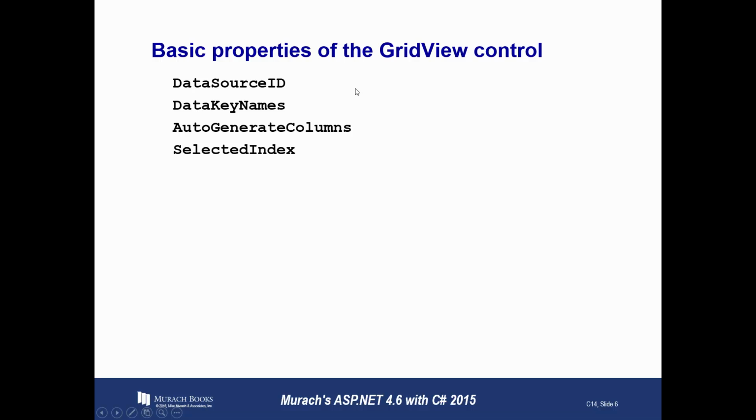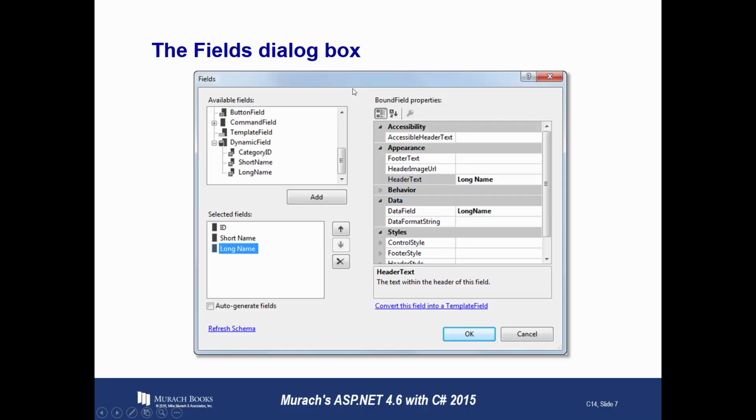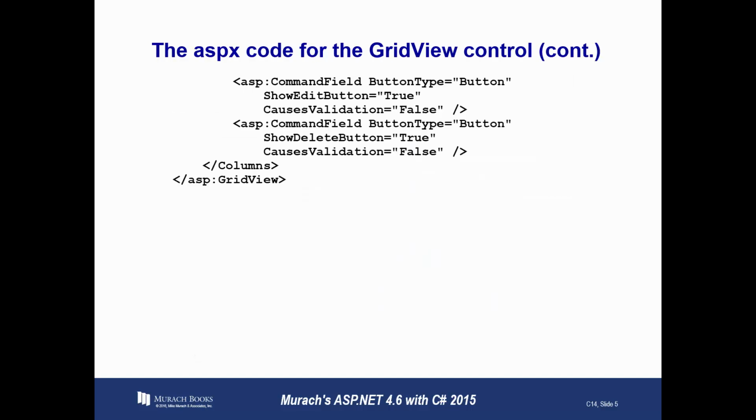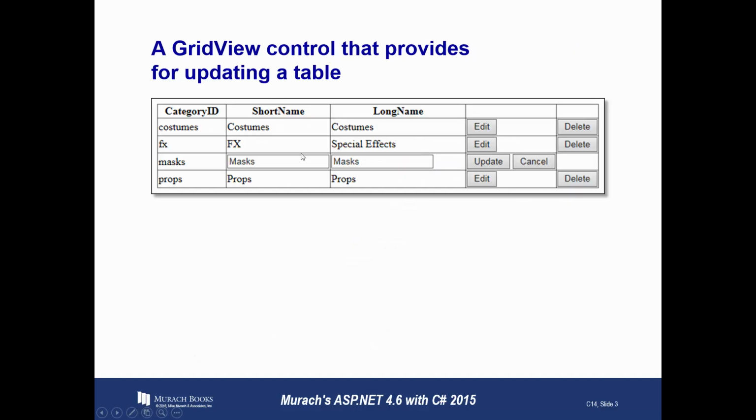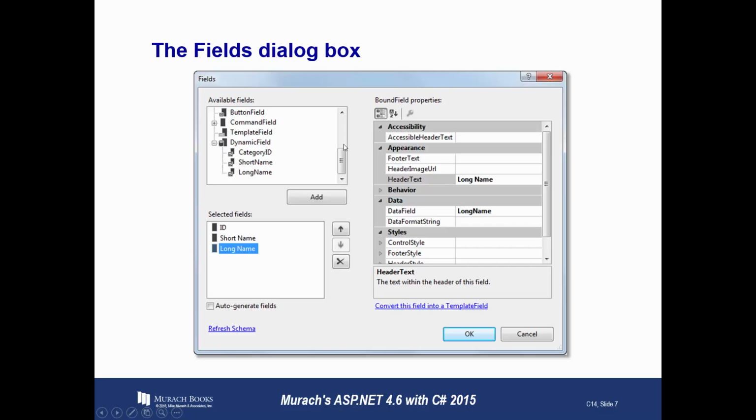When you are defining the fields that go into this, you use the Fields dialog box that's shown on pages 488 and 489. By default, the Grid View control shows one column for each column in the data source.